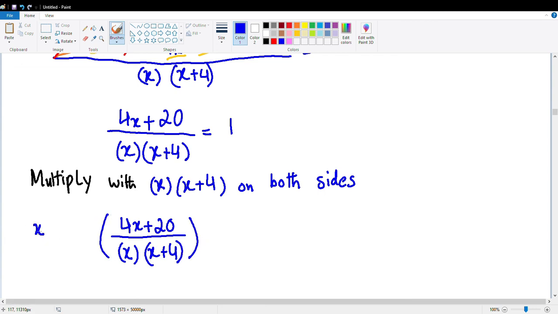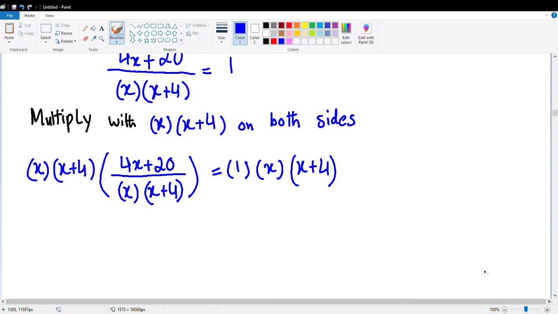Let's put a bigger bracket, and into x plus 4 equals 1 into x plus 4.